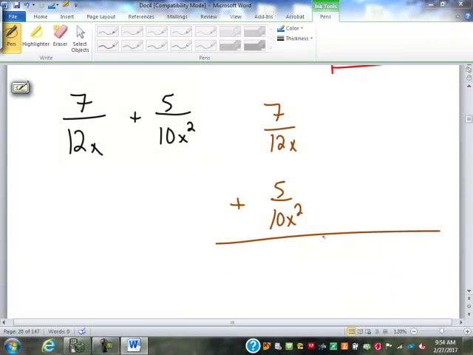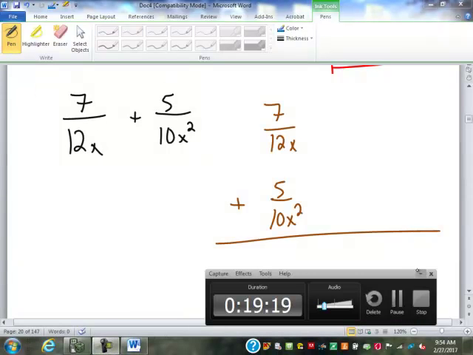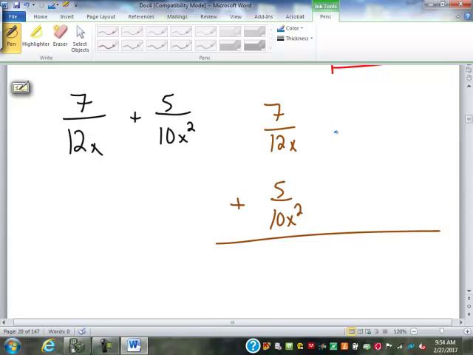So what's our common denominator going to be? 60x squared. Good. So what's this become here? 35x. Good. 12 times 5 and x times x. So we got to do times 5x up here. Gives us the 35x.